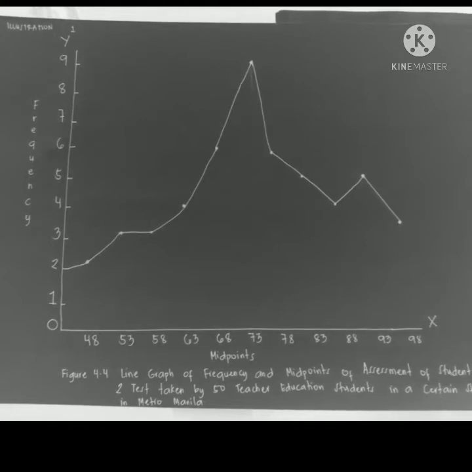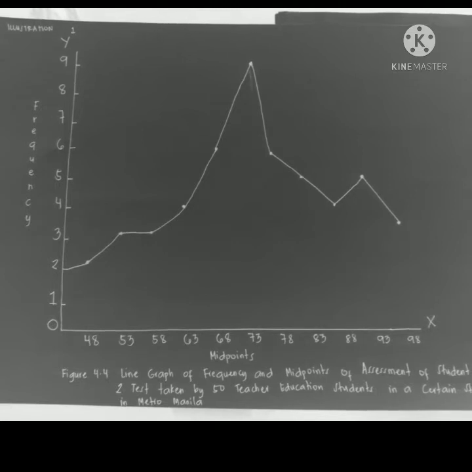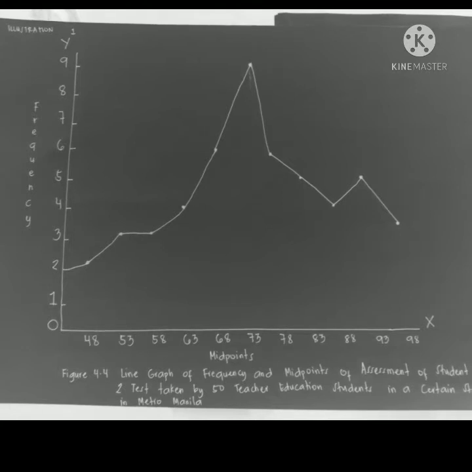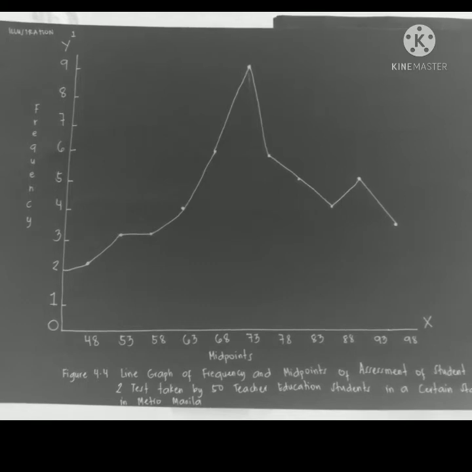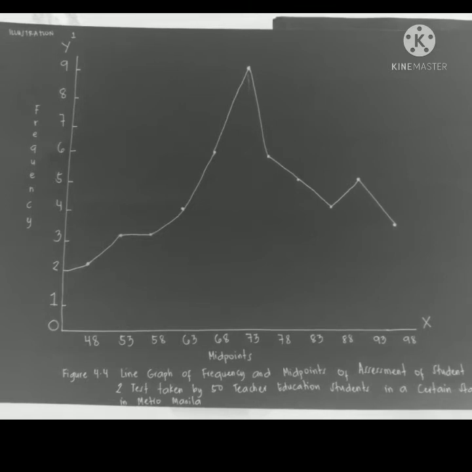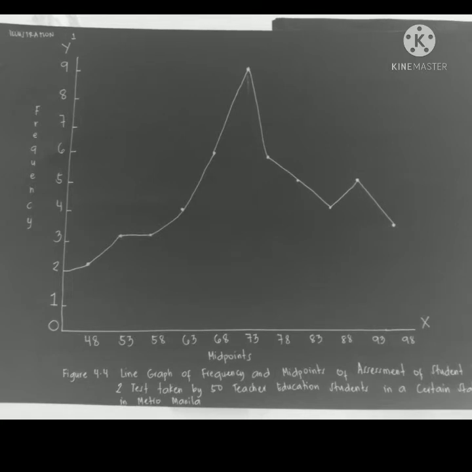So 48, two students. This is the number of students, the frequency. So two students got the 48 score, and three students got the 53, and also 58.